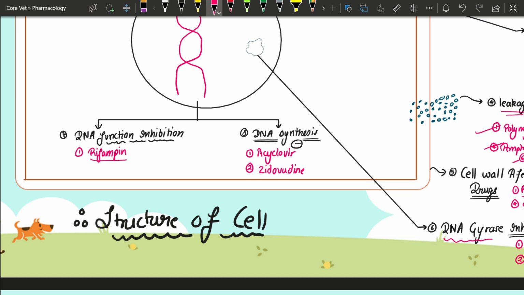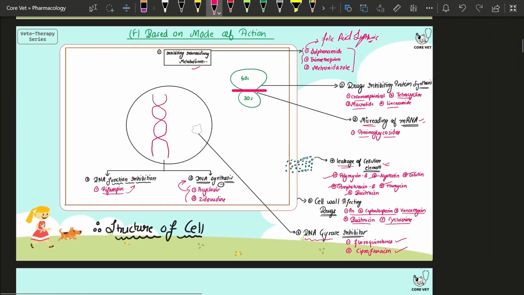Rifampicin and others inhibit the DNA function, while acyclovir and zidovudine inhibit the DNA synthesis. There are many more examples that we will discuss when we discuss the antiviral drugs. There are several examples for this particular classification itself.